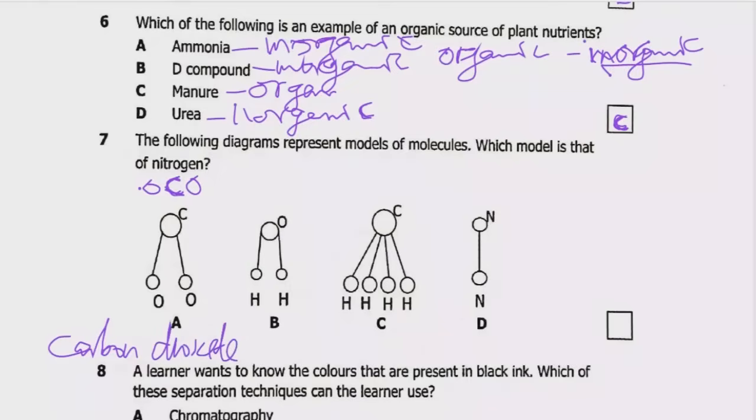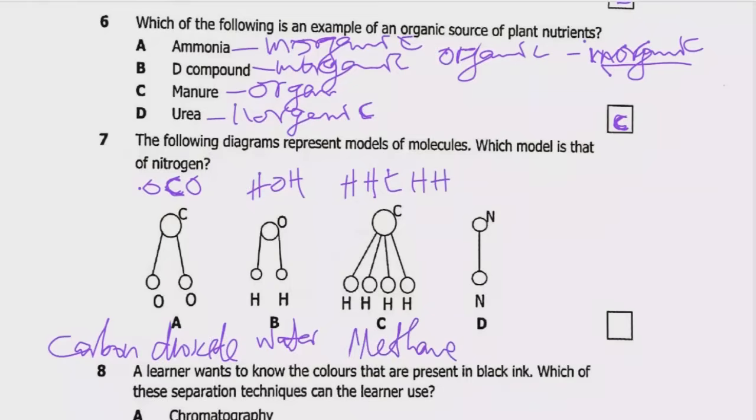Okay, then when you look at 2 atoms of hydrogen reacting with 1 atom of oxygen, they will make a molecule of water. Okay, so that is water. Then when you come here, 1 atom of carbon reacts with 4 atoms of hydrogen, they are going to make what is called methane.